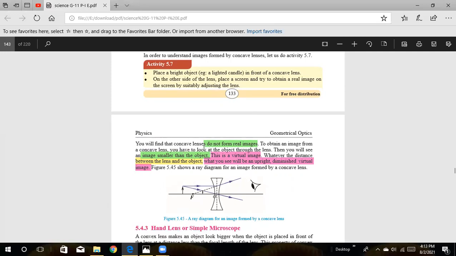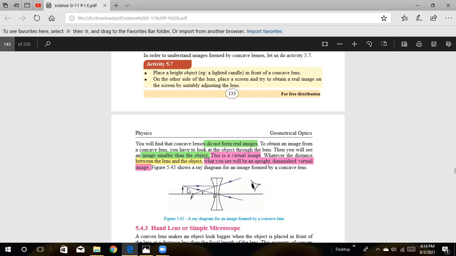Then concave lenses do not form a real image. Here, two rays come from the top of the object. One ray is parallel to the principal axis. After refraction, it goes away from the principal axis.